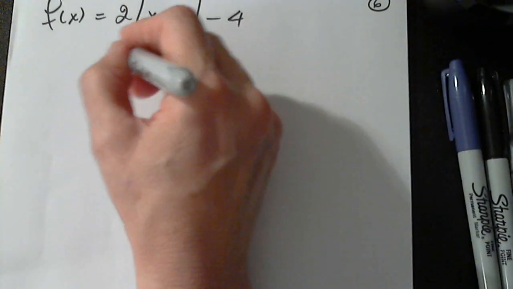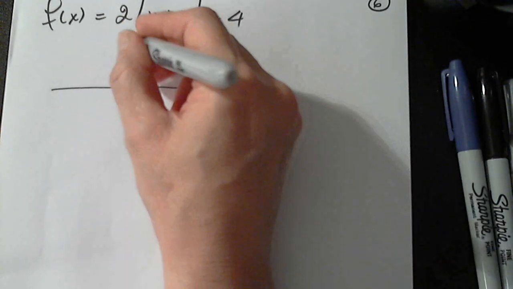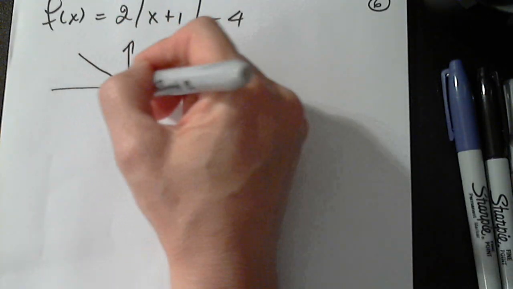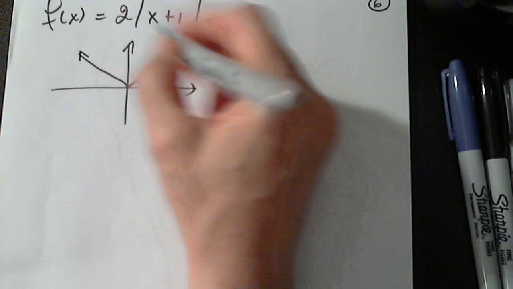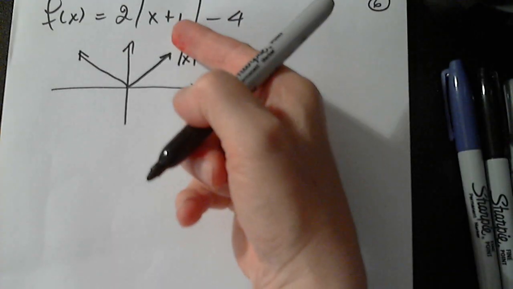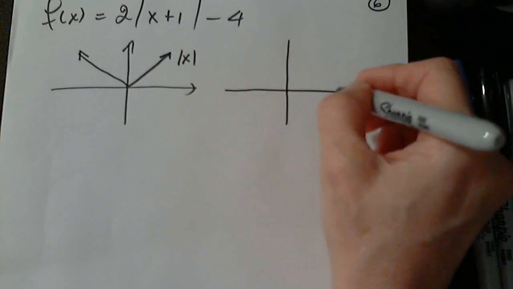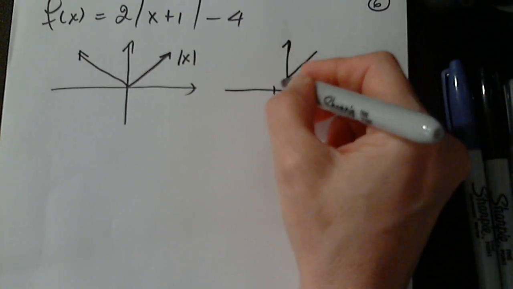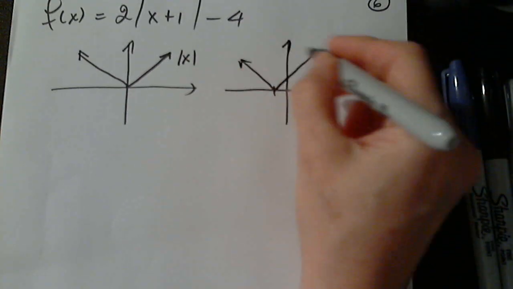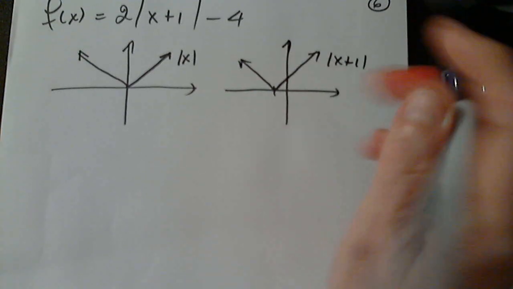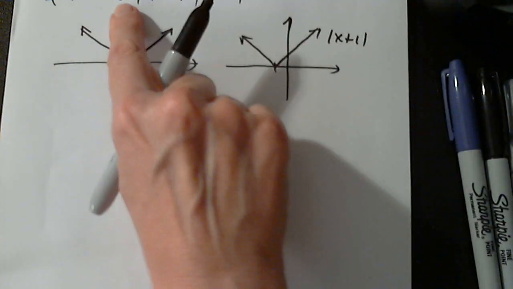So what I'm going to do, I'm just going to graph the absolute value of x in order of operations. Then I'm going to shift the graph 1 unit to the left, because that's what it means. This is the absolute value of x plus 1. Then it says multiply by 2 by stretching the graph by a factor of 2.